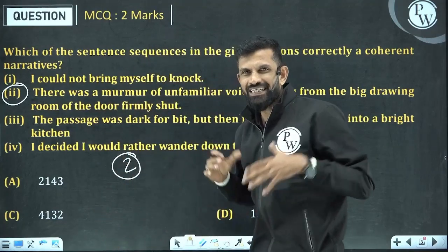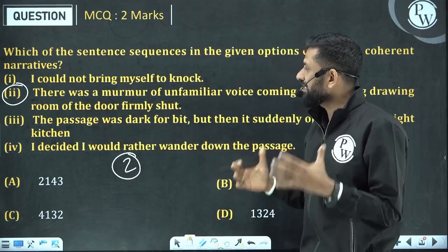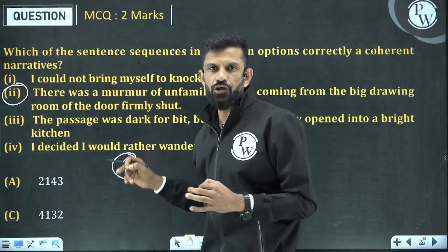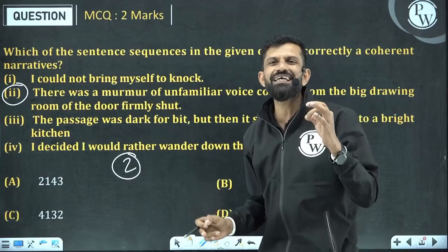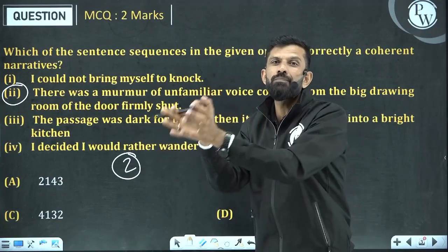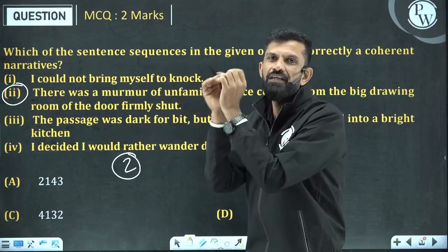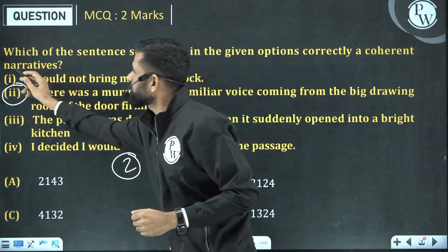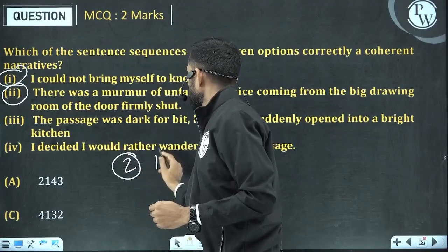Next, what he decided? I could not bring myself to knock means he did not want to make any sound. He wanted to inquire, but without making the whispering person aware that he was going to observe what is happening. So next it will come: 1.